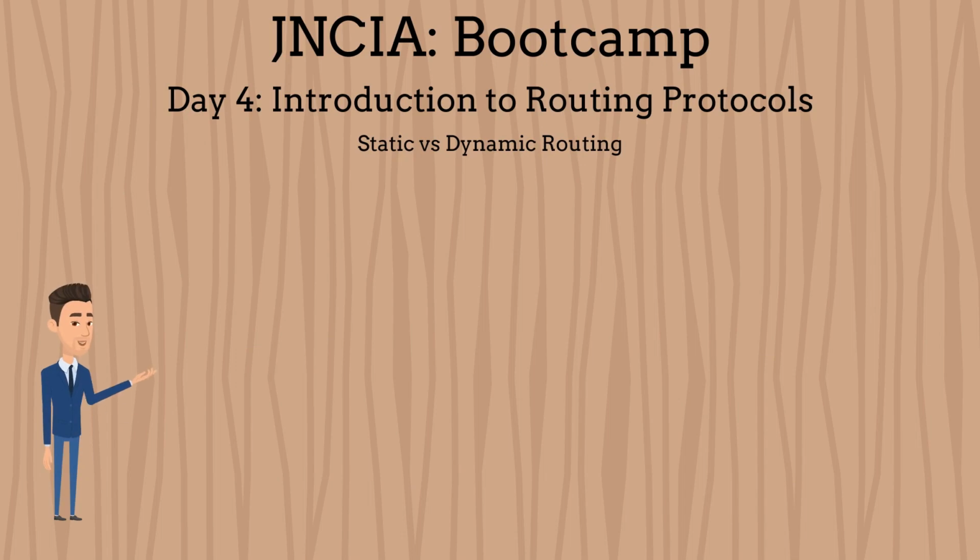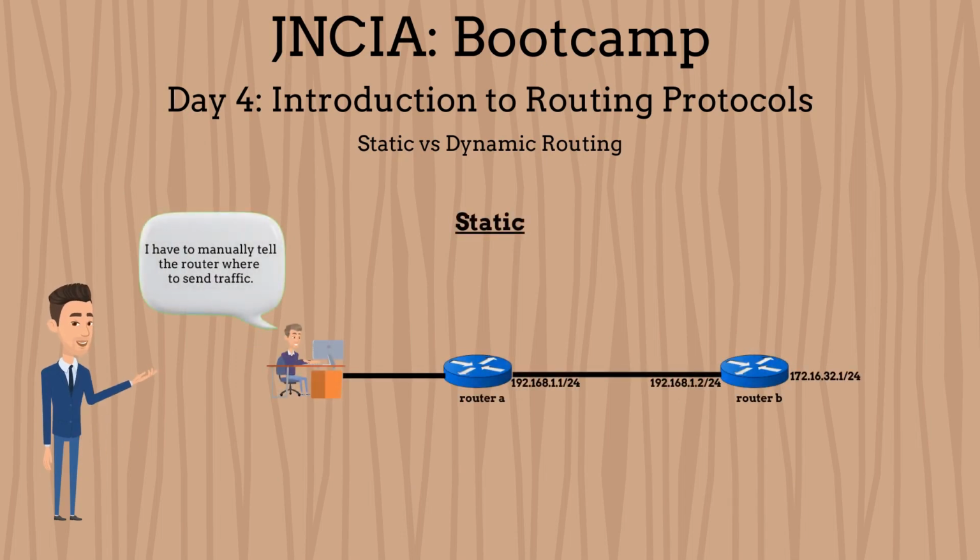Static versus dynamic routing. Let's deal with the static routes first. The engineer at his desk has to manually tell the router where to send the traffic. Data needs to get to 172.16.32.1, which resides within the 172.16.32.0 network.